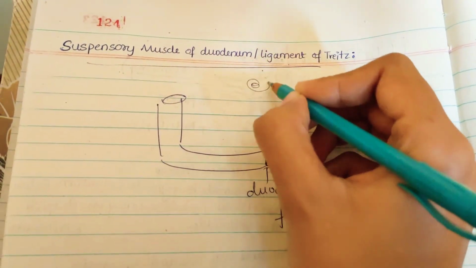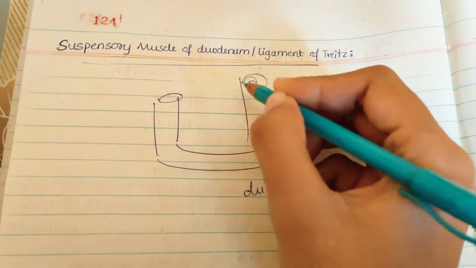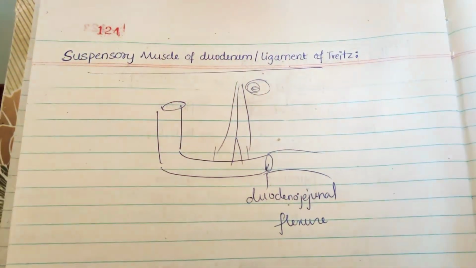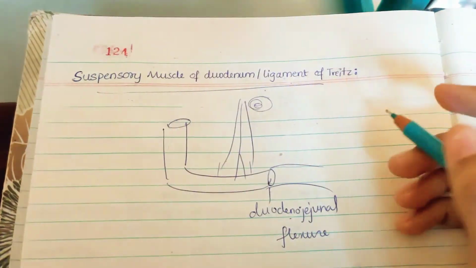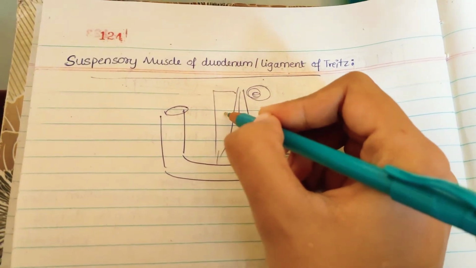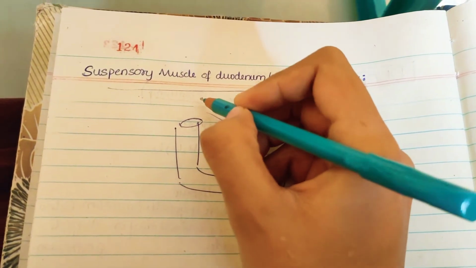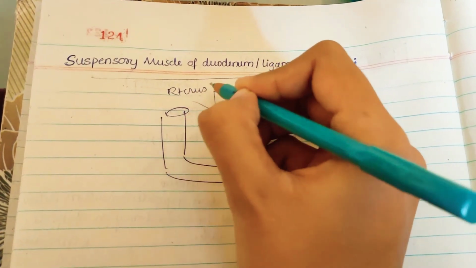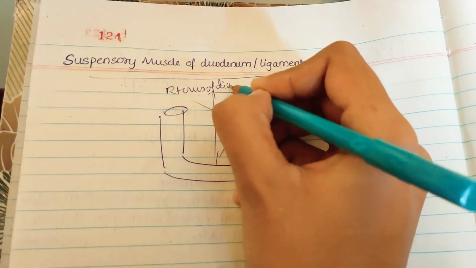And here you'll have the esophagus. This muscle will be coming like this, and here you'll have the right crus of diaphragm.